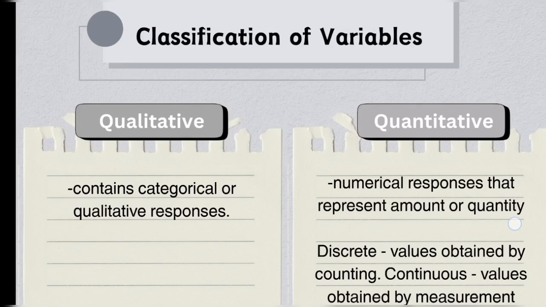Now let us proceed to the two classifications of variables, which are the qualitative and quantitative. Qualitative contains categorical or qualitative responses, while quantitative has numerical responses that represent amount or quantity. Discrete values are obtained by counting, continuous values are obtained by measurement.